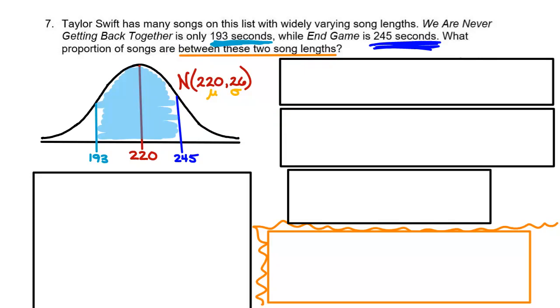I want to draw a normal curve where everything has been standardized. What am I going to need to find if I want to draw a curve like this but where it's been standardized? Z-scores for what? For both of them. Go find both Z-scores for me. Find the Z-score for 193 and the Z-score for 245.